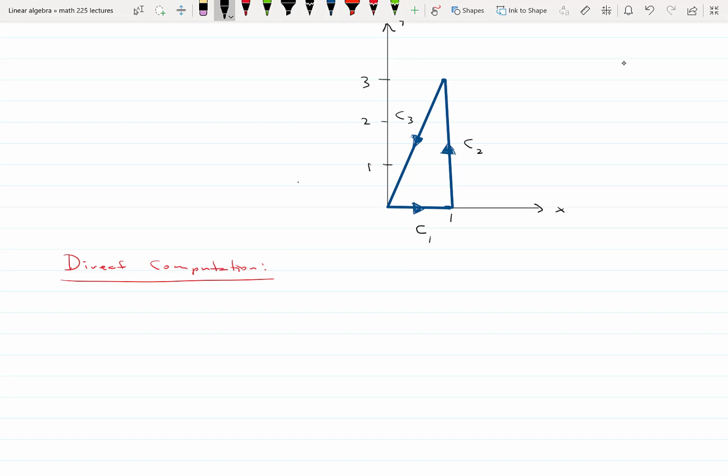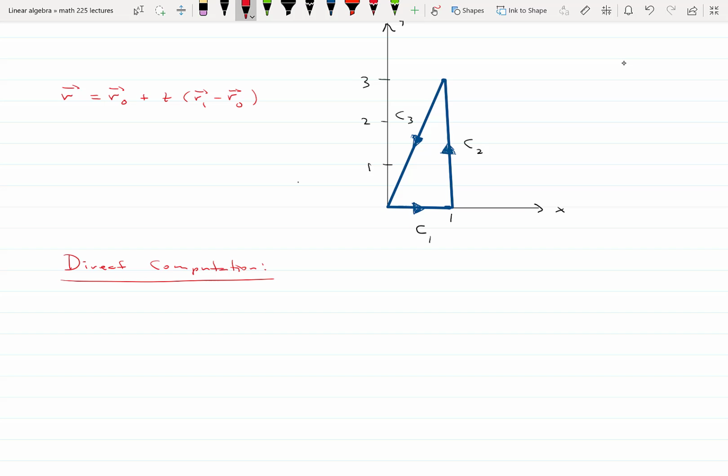Well, let's parameterize these curves. These curves are little line segments. Now I'm going to use again something that I hope you've been using in homework, and that's a formula for the line segment. R equals R naught plus T times R1 minus R naught.